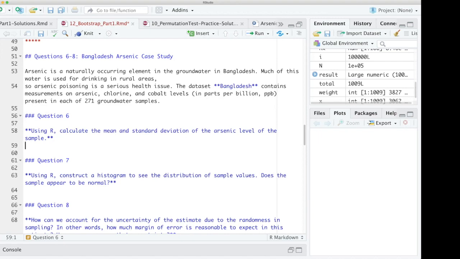So just chat me the sample mean for the arsenic level, for example, just to make sure people are going about this okay.